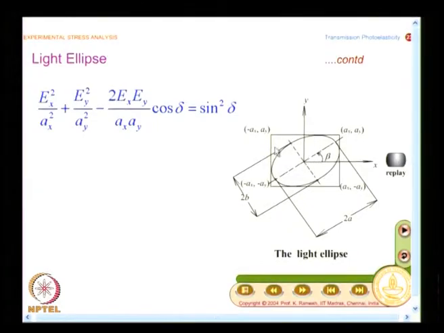And what you have here is an equation of an ellipse at some arbitrary angle, and that is what you have here. I have this as the light ellipse, and for this light ellipse, the major and minor axes are shown here, and this is oriented at an angle beta, and this is governed by a generic expression like this.